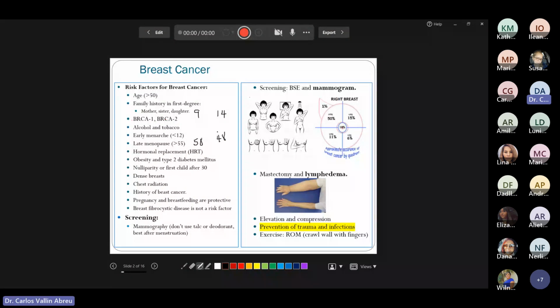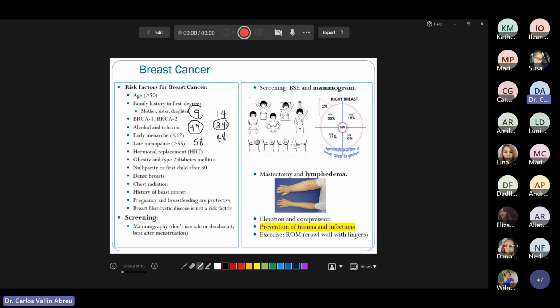So now you have 49 years receiving estrogens, and this one is going to have 34 years.